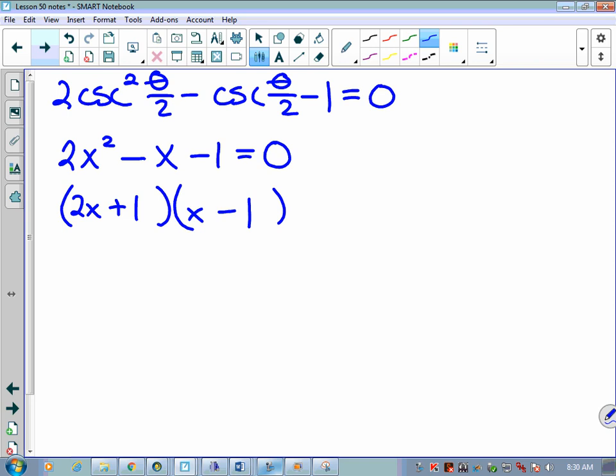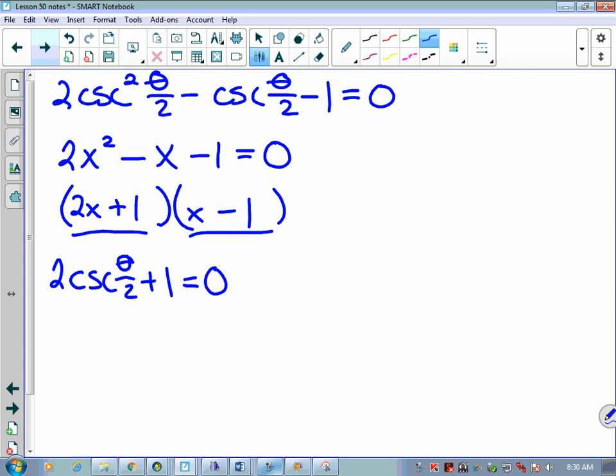So from this point, we're going to substitute that cosecant theta over 2 back in for x, and we're going to solve both of these, remembering that we want to set them equal to 0. So on this one, it's 2 cosecant theta over 2 plus 1 equals 0, right?